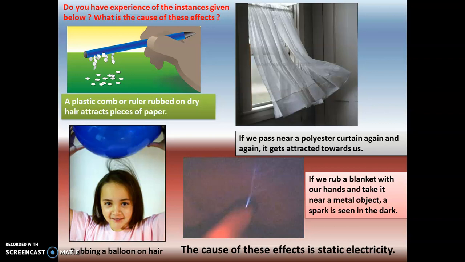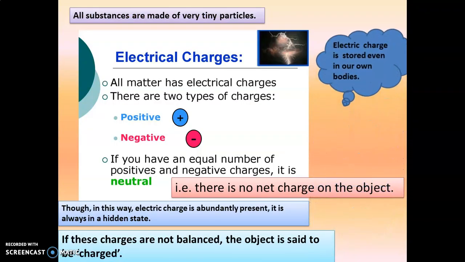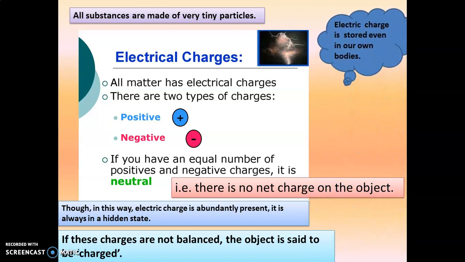Now, as you all know, all substances are made up of very tiny particles, which are also known as matter. All matter has electric charge. There are two types of charges, a positive charge and a negative charge.